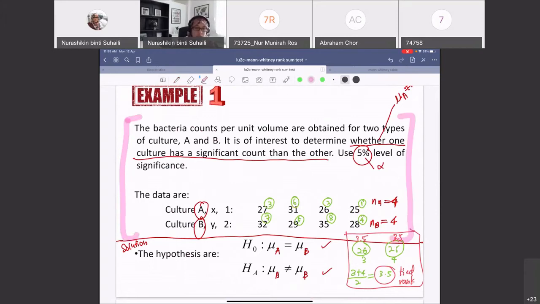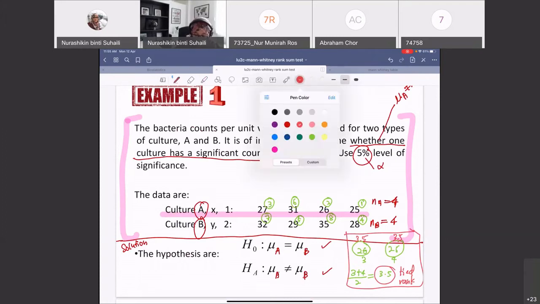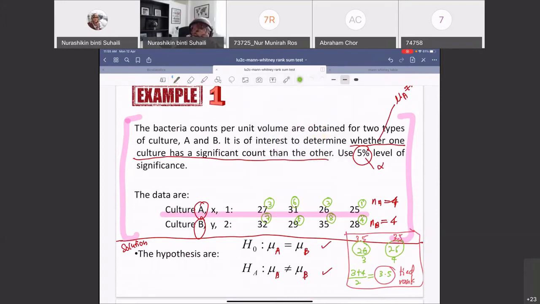So if you see here, this is sample A and sample B, right? The sample size for A is 1, 2, 3, 4. So that's why you got N. N is the sample size, and A is 4, and B is also 4. Each of the samples has 4 data points.